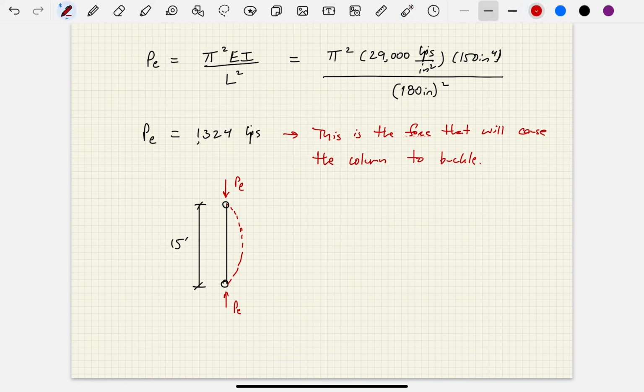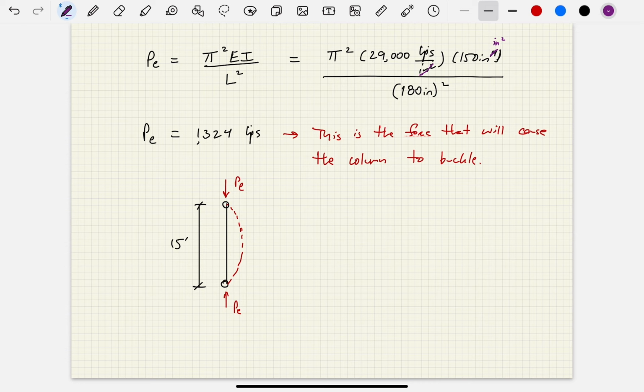Now, if you want to check your units, again, it's a force, right? So you should end up with units of force, in this case, kips. How can I check that? Well, let's do a unit check here. I've got inches squared in the denominator of the KSI, and that's going to cancel with 2 of the inches in the 150 inches to the fourth, and you're left with inches squared.